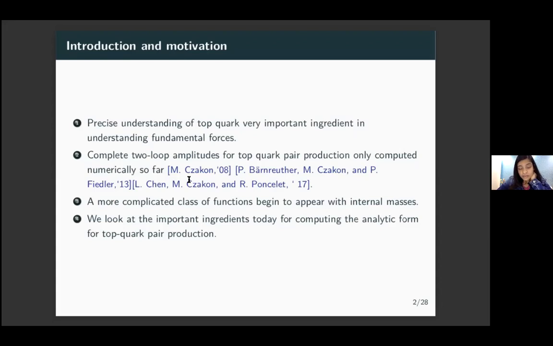And one of the major reasons why that is so is that once you start including these fermion loops, which basically means including the internal masses, a more complicated class of functions starts to appear in the evaluations. And sometimes these functions are not even understood well. Today, we are going to look at the important ingredients, as I already said, for computing the analytic forms of top quark pair production.